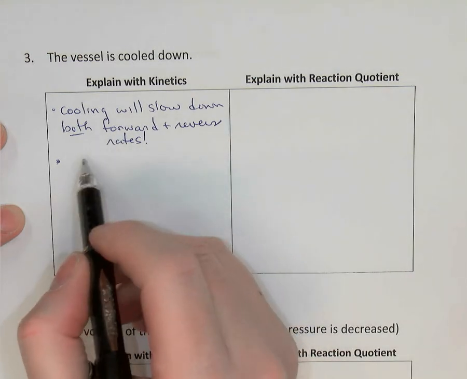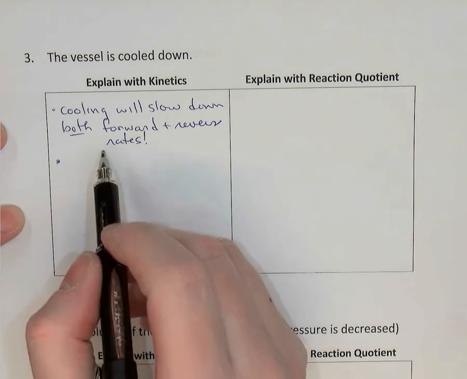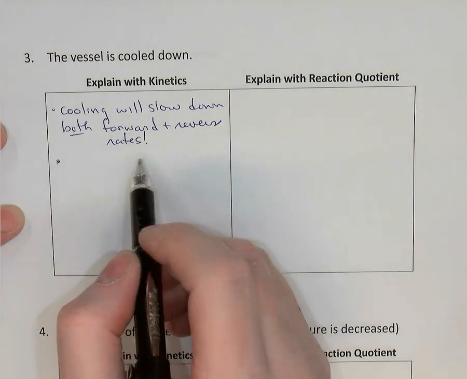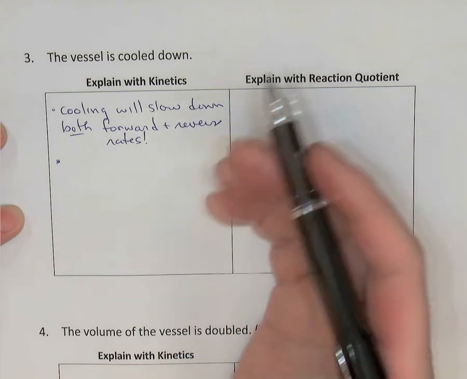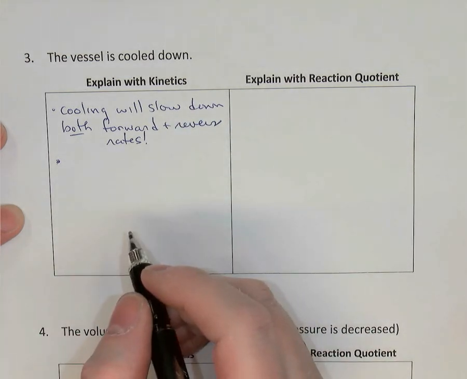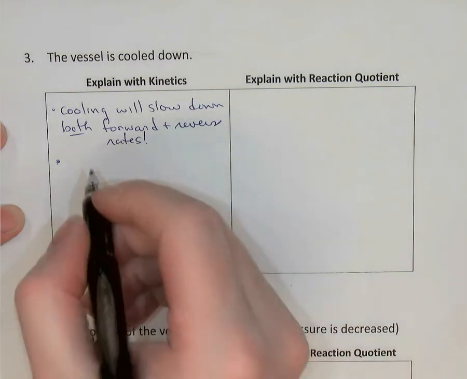So if you're cooling, although both rates will decrease, the endothermic direction will decrease to a greater extent in its rate. If you were heating, the endothermic direction would speed up to a greater extent.